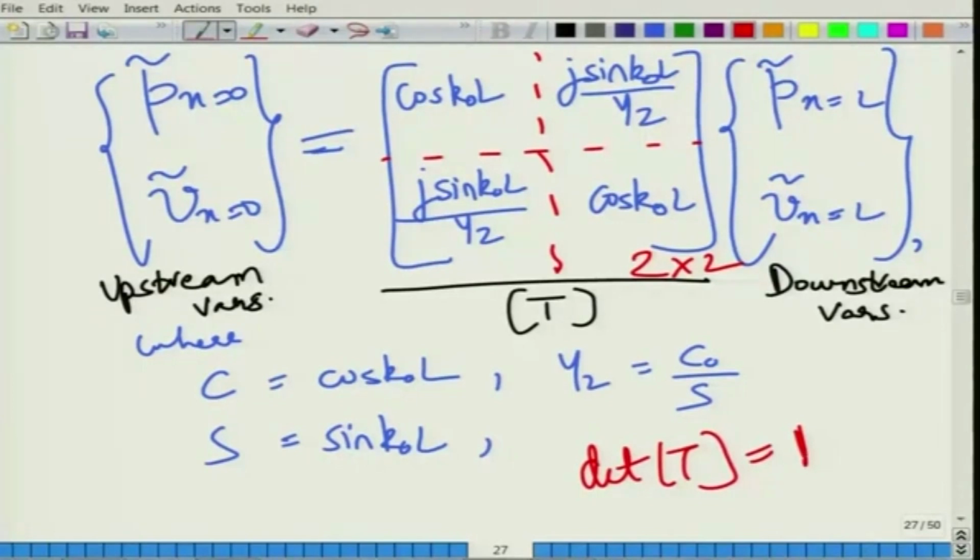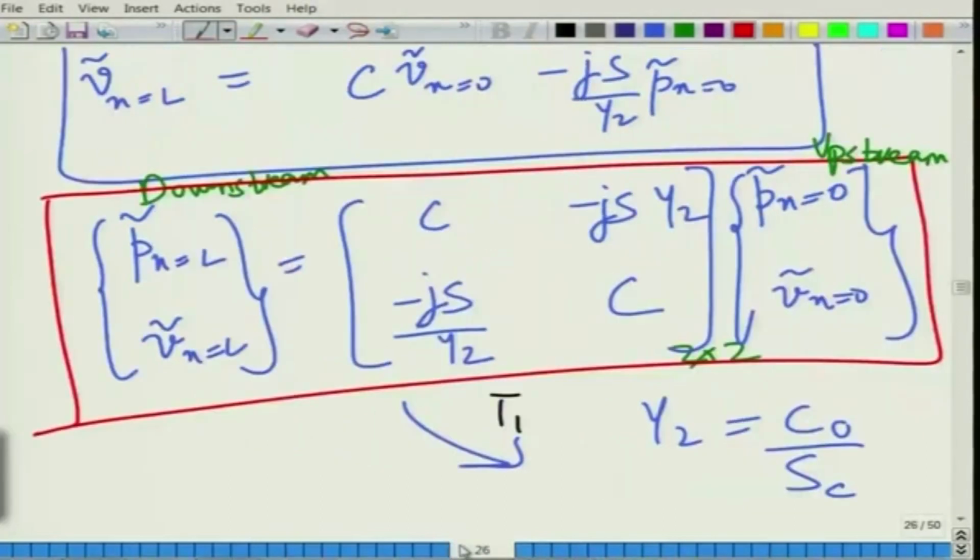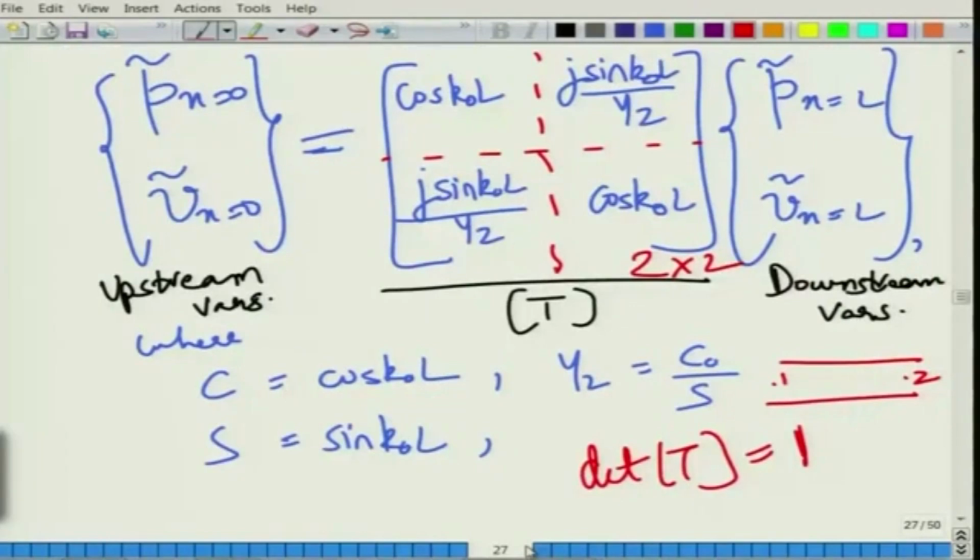There is one more thing: because the element is really symmetric, we have a uniform tube like this, and we are relating 1 to 2. If we invert the matrix like we have seen here, apart from the difference in the minus sign, everything else is the same, and by changing the sign conventions of mass velocity, we can see that the inverse would be the same as the T matrix.